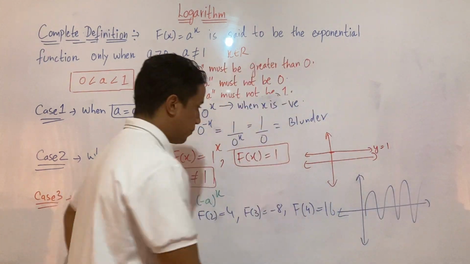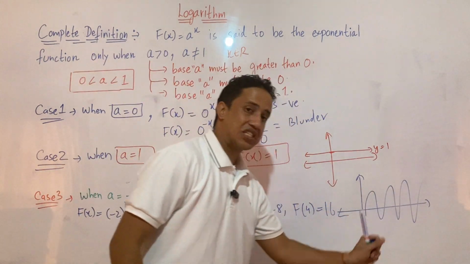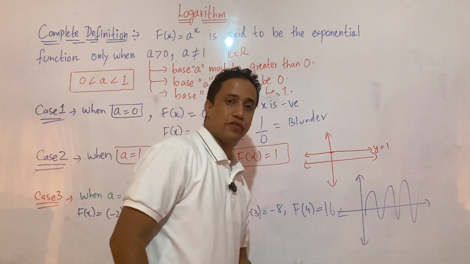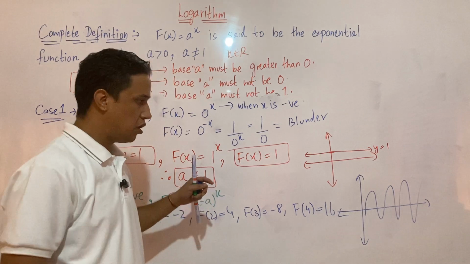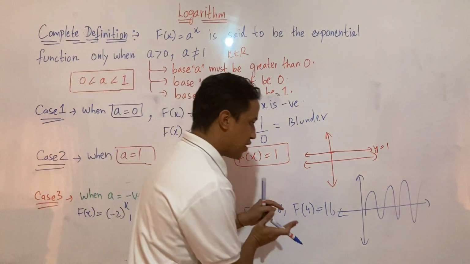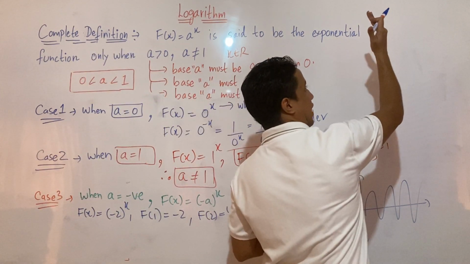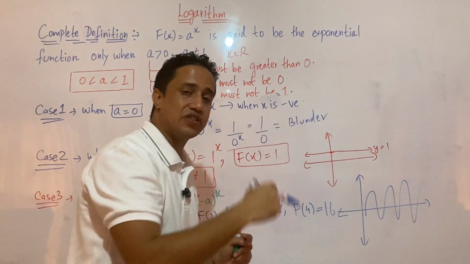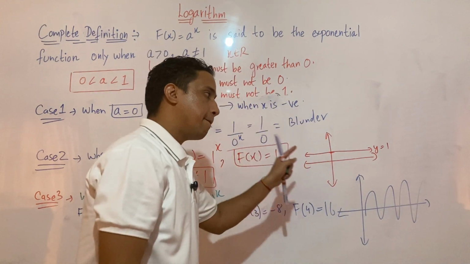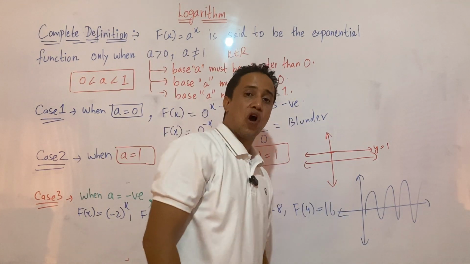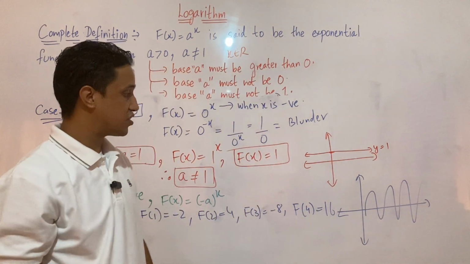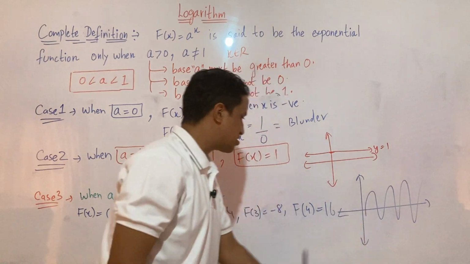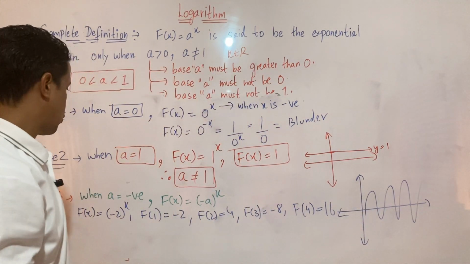When you get this graph of oscillation, it does not represent an exponential function, because exponential means your graph must skyrocket as you increase the value of x, or when you decrease the value of x. So this case is not valid.